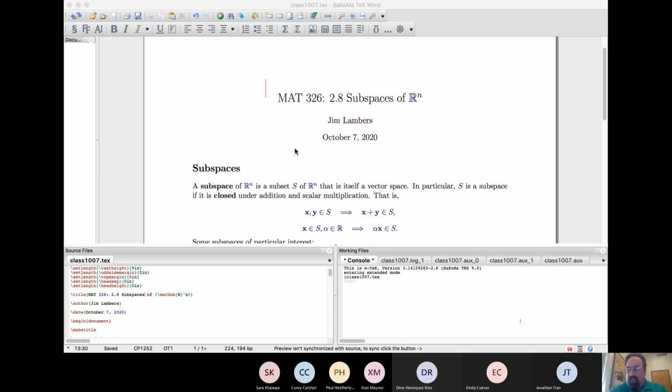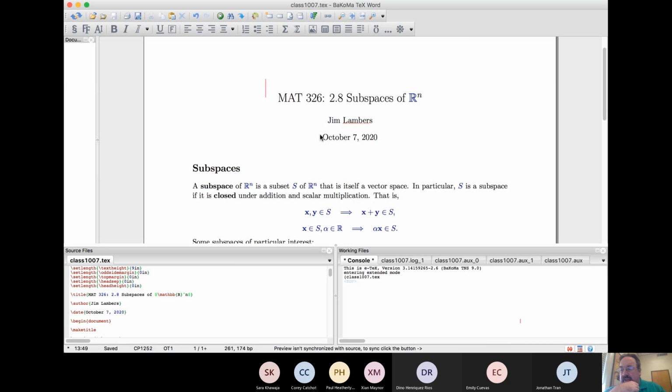So we're into the second to last section of this chapter, Section 2.8. Here we deal with the concept of a subspace.